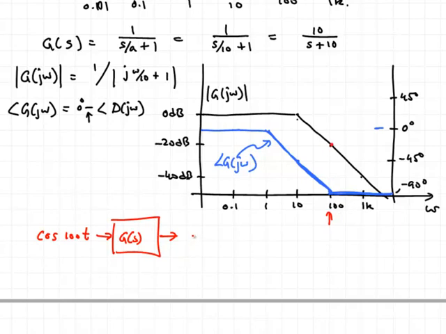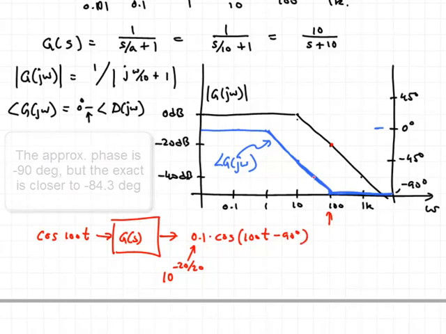Minus 20 dB is 0.1, right? This is just the antilog of minus 20 dB over 20, times cosine of 100t plus whatever my phase is. Well, my phase at this point is minus 90 degrees.